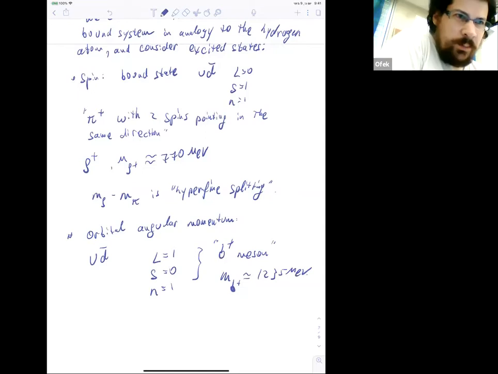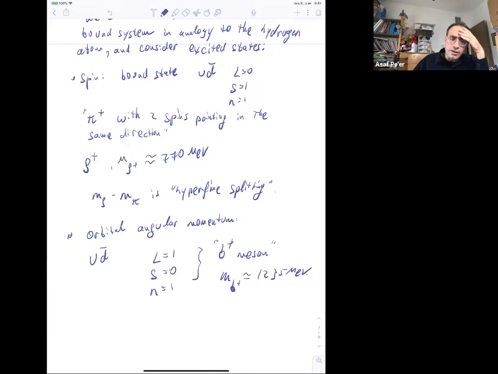Whenever you say spin, you mean isospin? No, I think this is the spin. This is the spin. It's not the isospin. It's the actual physical spin. This is the real spin, not the isospin.